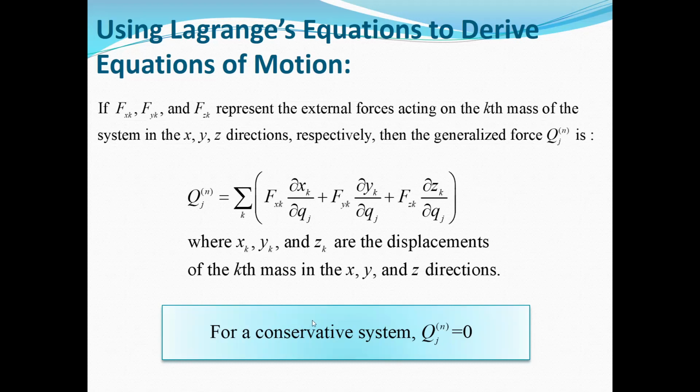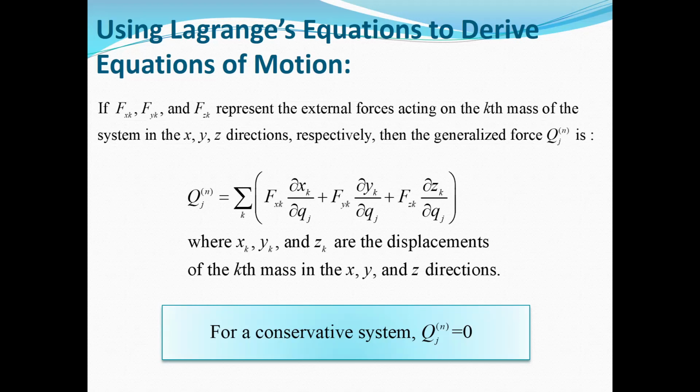A conservative system is a system in which there is no external force, and also there is no damping, because in a conservative system, in fact, the energy level will remain the same. So when the energy remains the same, it means that there is no damping to lose the energy, and also there is no external force to increase the level of the energy in your system.